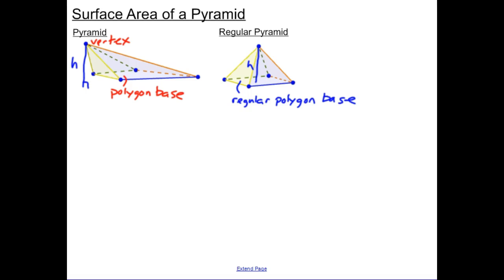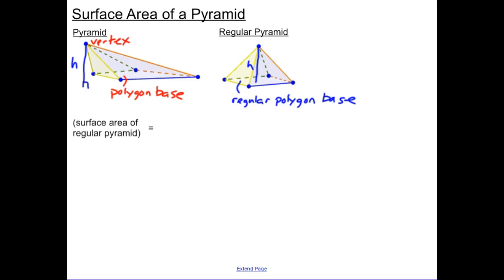We can calculate the area of a general pyramid, as shown on the left, but we'll start off with something that's a bit simpler. That is the regular pyramid. Okay? So we can write the equation for our surface area of a regular pyramid. We can break it up into two parts.